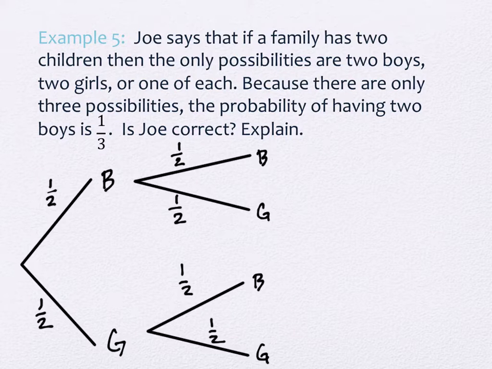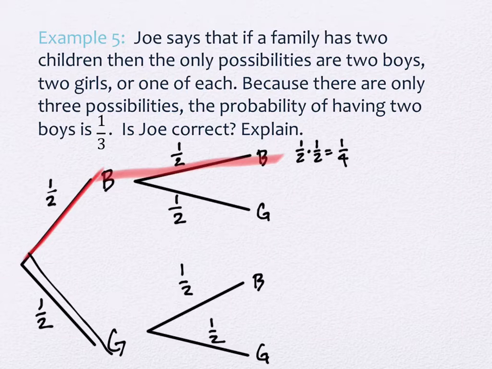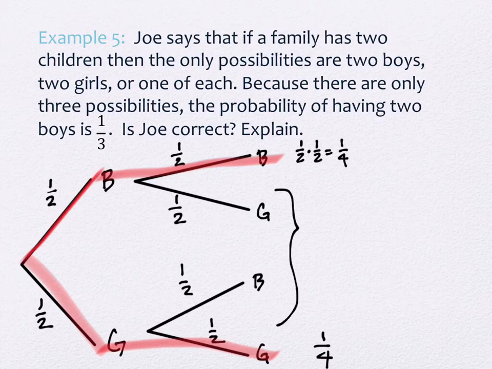So if I looked at the probability of having 2 boys, what is it? It is 1/4. What is the probability of having 2 girls? Also 1/4. And notice what happens in between here. There are actually 2 distinctly different ways I can have a boy and a girl, because the order of those children would be different.